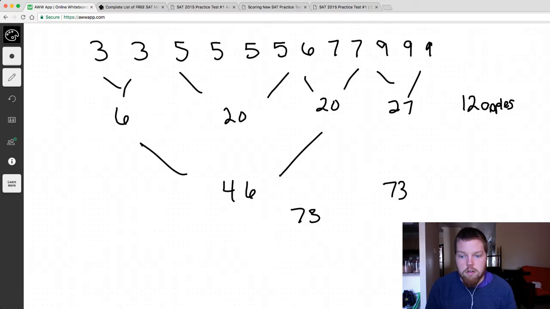73 over 12 to get the mean. Now 72 over 12 would be 6. So this is a number a little bit bigger than 6. Let's calculate it on the calculator. 73 divided by 12 is 6.08.